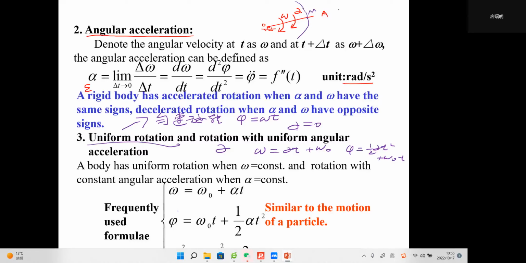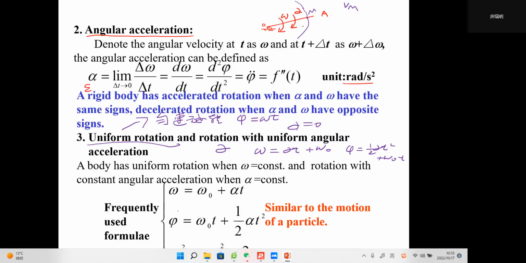So first, we try to figure out VM. You should follow my steps. First, you link its rotation center O to this M, and you get this OM. Second, you fold this part MA along the direction of omega.